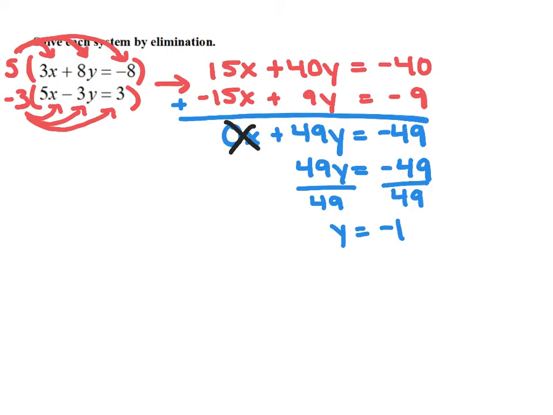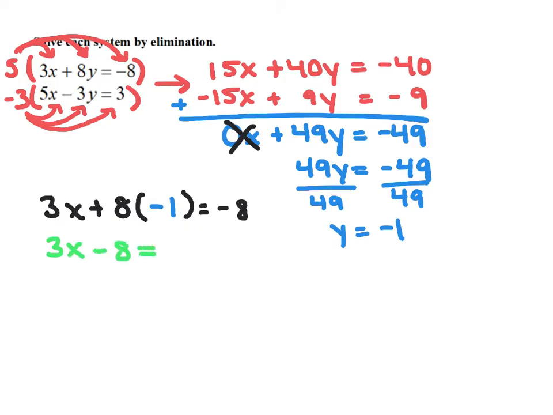Now if I substitute that value of y back into the original equation, the first one, I'll have 3x plus 8 times negative 1 equals negative 8. Now if I solve, I'll have 3x minus 8 equals negative 8.